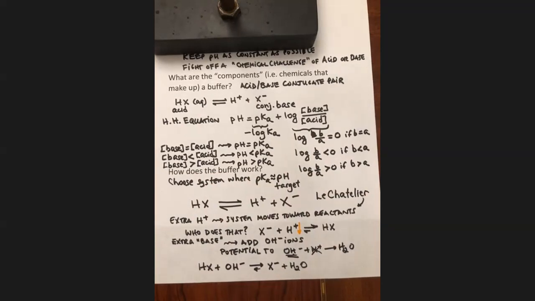Now, there are some little details, and we've mentioned them along the way. For example, it is obvious that there's only so much that the buffer system can do. And when you did the experiment where you did that graph, you could see that eventually, if you add enough acid or you add enough base, the buffer system gets wiped out and consumed, and it cannot fight off the pH change anymore.